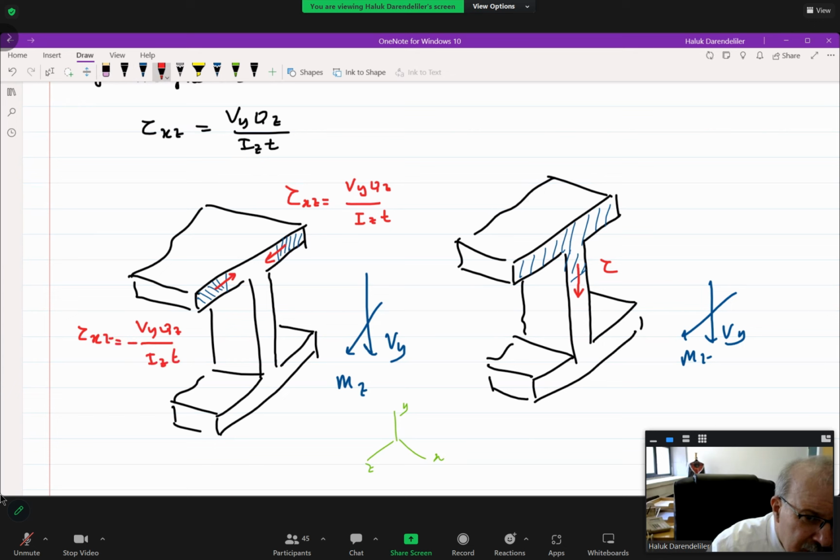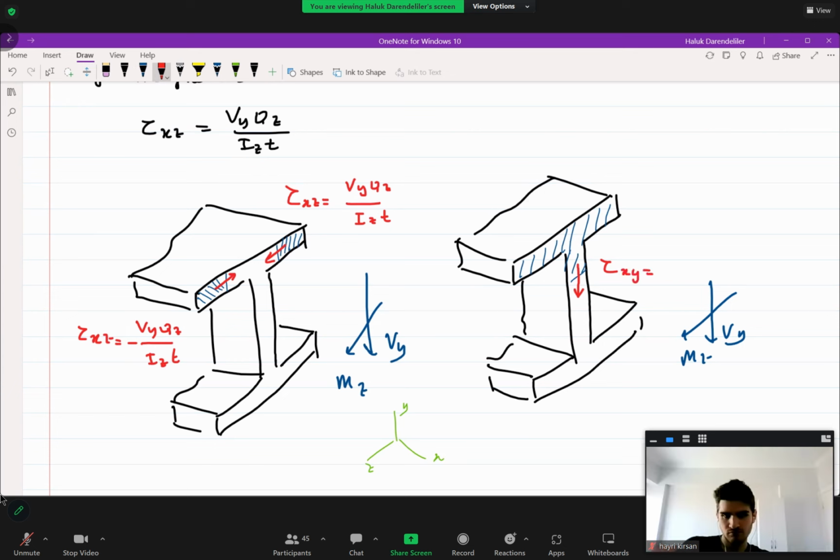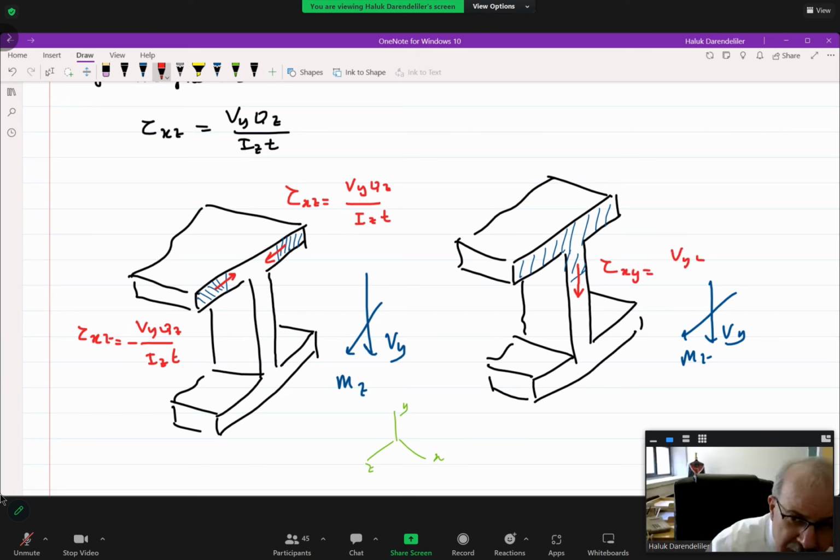Why? Because x is positive but z is negative here. Peki şunu söyleyin. Tau xy. Equation is the same. Vy Qz over Iz times t. But it's again minus. Oldu mu arkadaşlar?